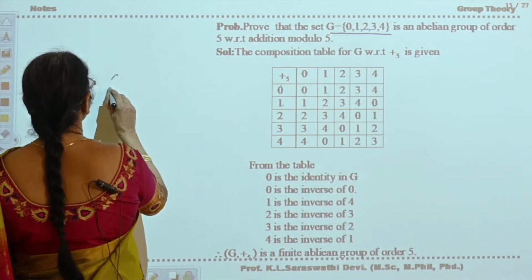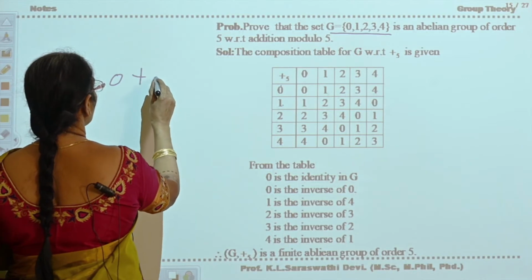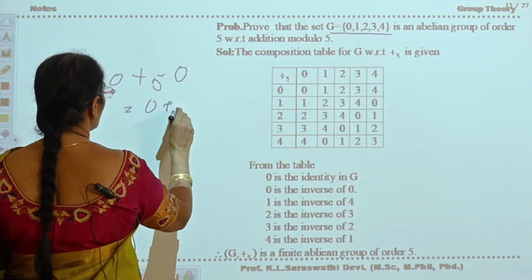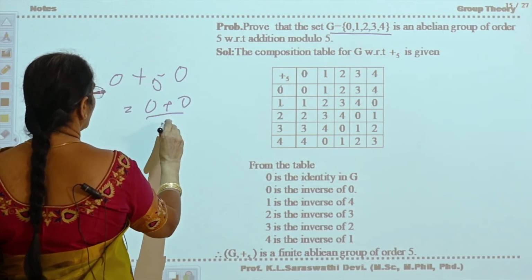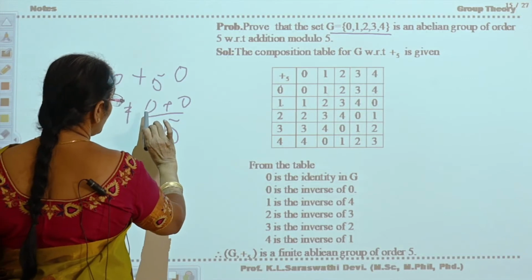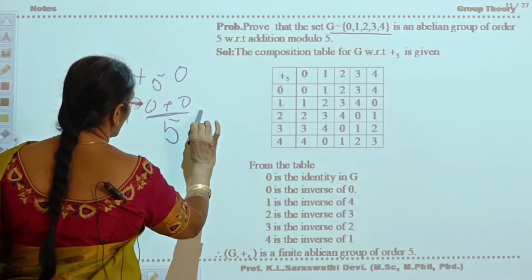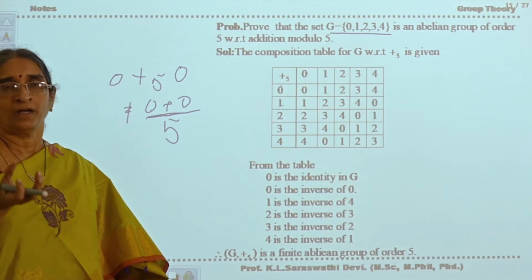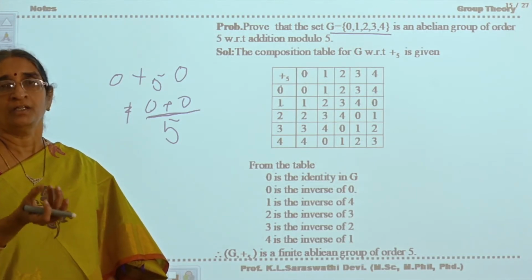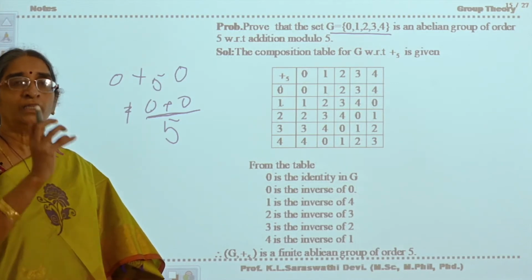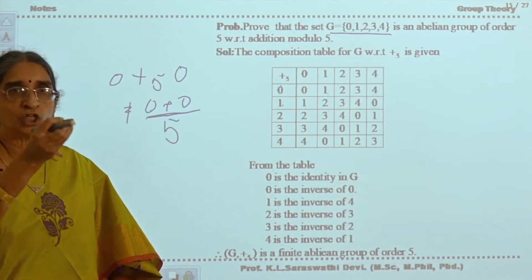Now 0 addition modulo 5, 0 is equal to the remainder obtained when 0 plus 0 is divided by 5. 0 plus 0 is 0, and 0 is less than 5. So when the numerator is less than the denominator, the numerator itself is the modulo value.